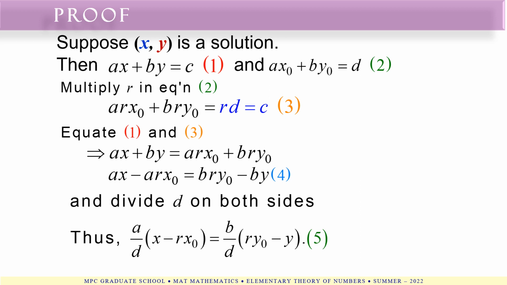Thus, a over d times (x minus r x sub 0) equals b over d times (r y sub 0 minus y), as equation 5. From equation 5, a over d times (x minus r x sub 0) equals b over d times (r y sub 0 minus y).